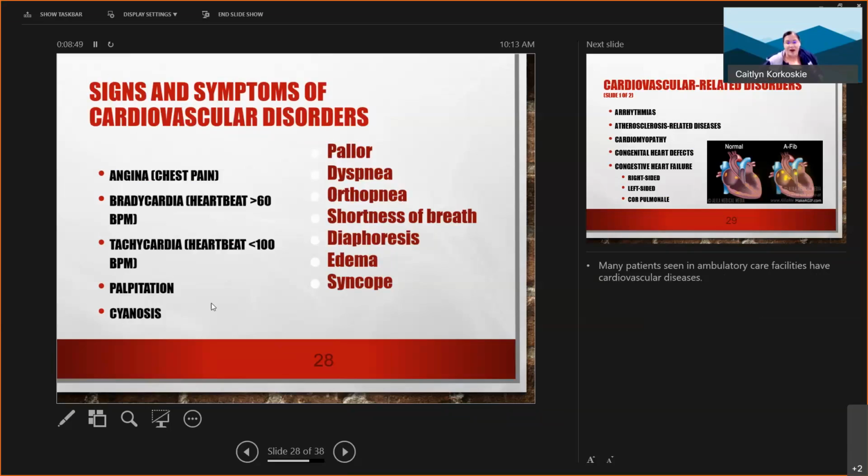So if you have a patient that just came right into the office and it's above 100, I usually give them about 5 minutes and then recheck it.